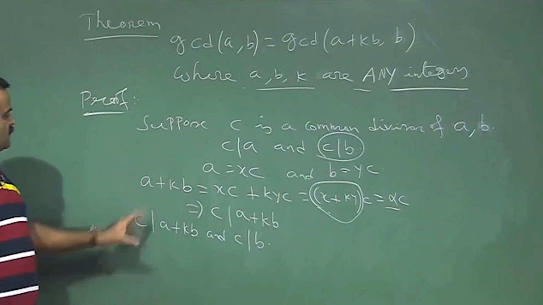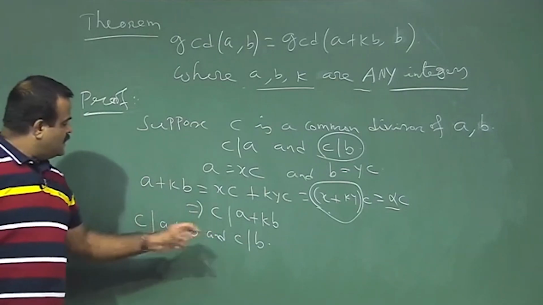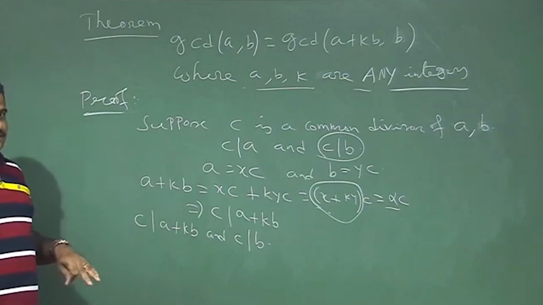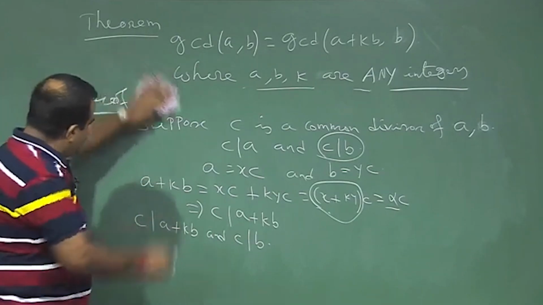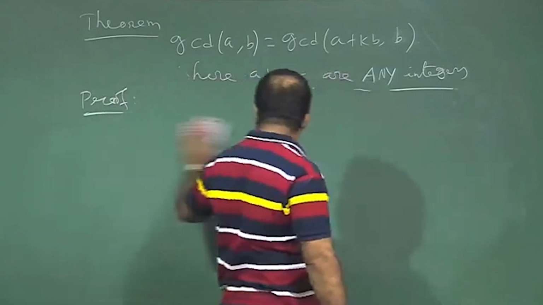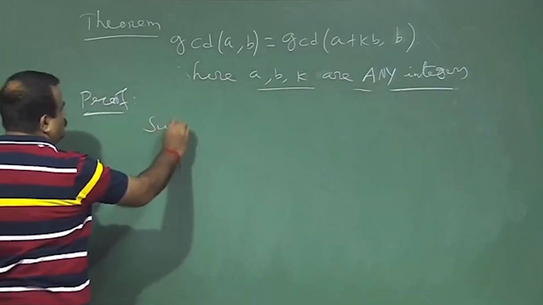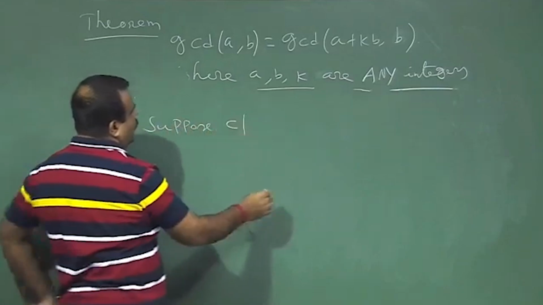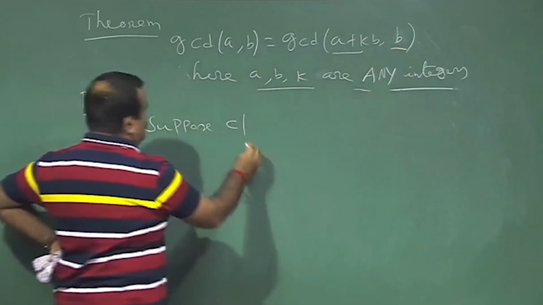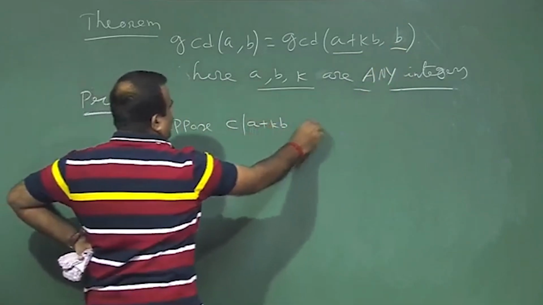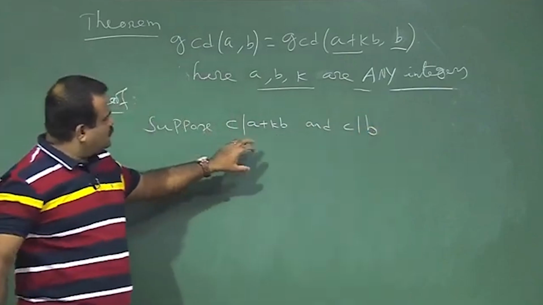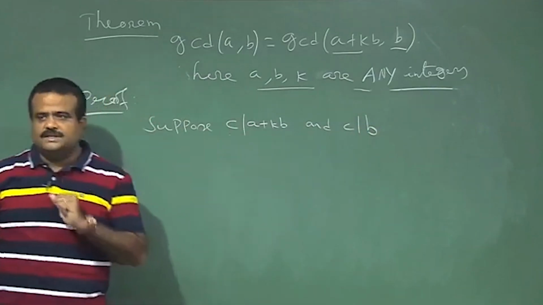Now, the reverse. Suppose C is a common divisor of A plus KB and B. Then we need to show C is also a common divisor of A and B. That means we need to show that C divides A also.